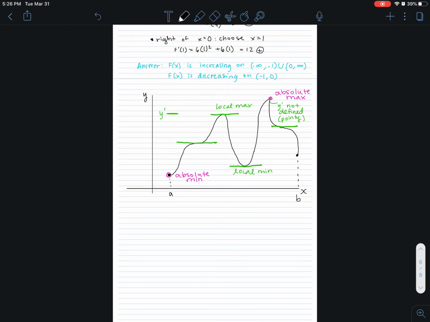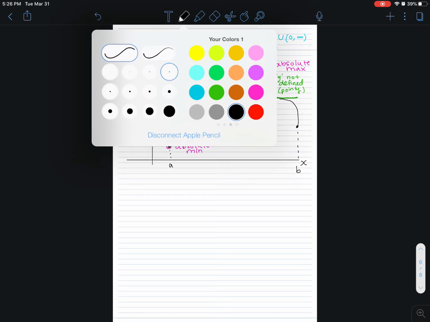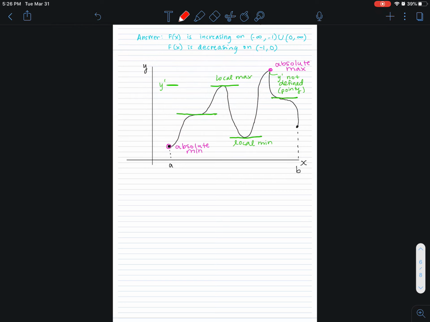Okay, so I am going to define some new terms for you guys, and then I'll kind of explain how it ties into what we just did. Okay, so we'll do concavity first. It sounds disgusting.